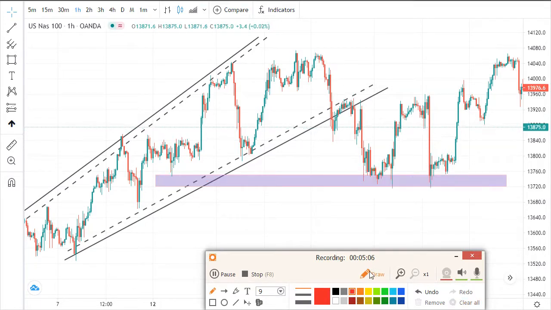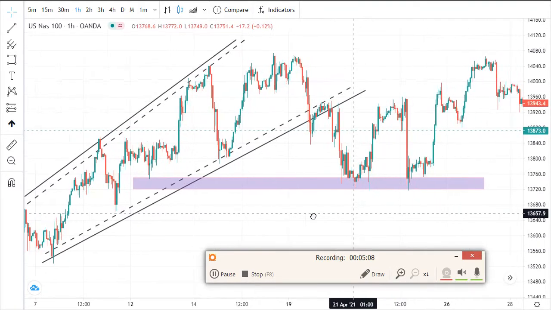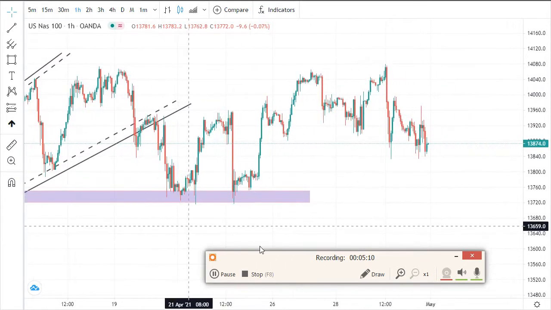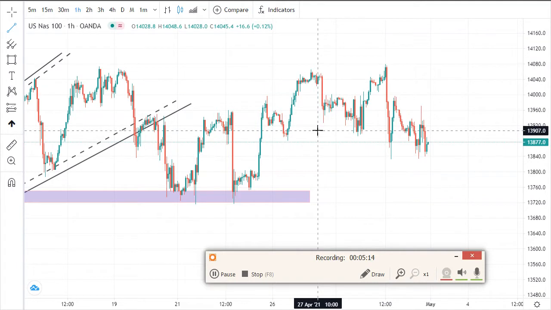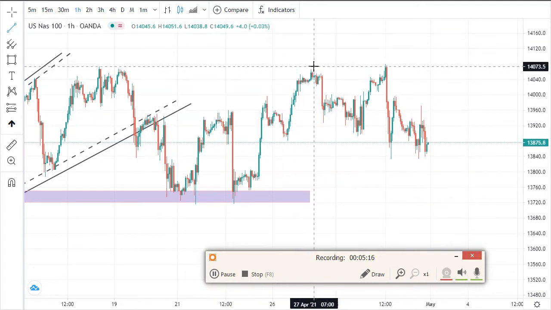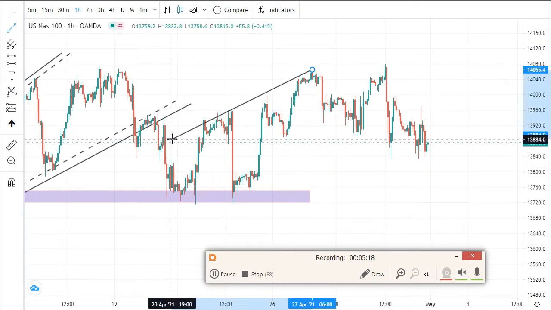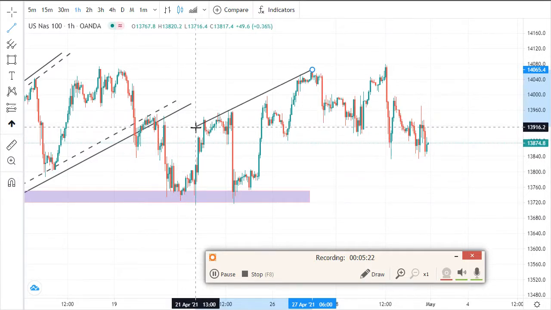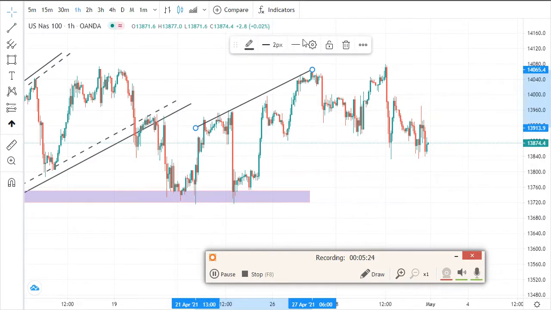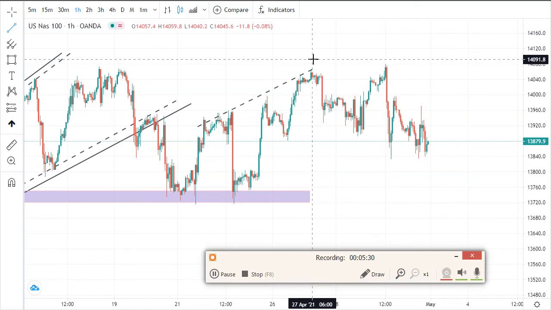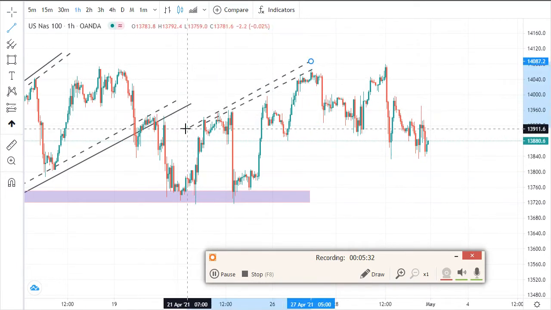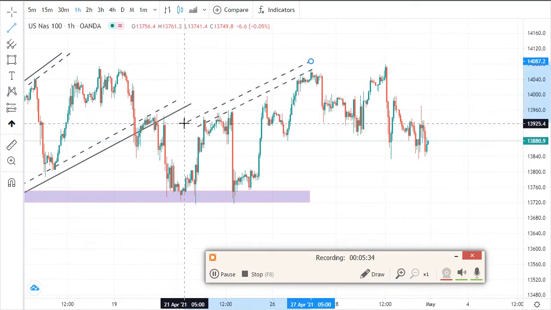So let's see another thing that we can get. Here I see another, let's see, yeah, I see something like this. It's quite easy, but you should practice these things before you say they are easy.